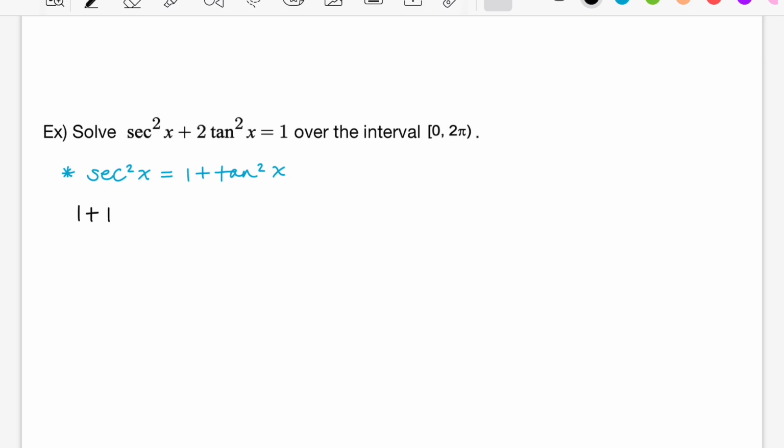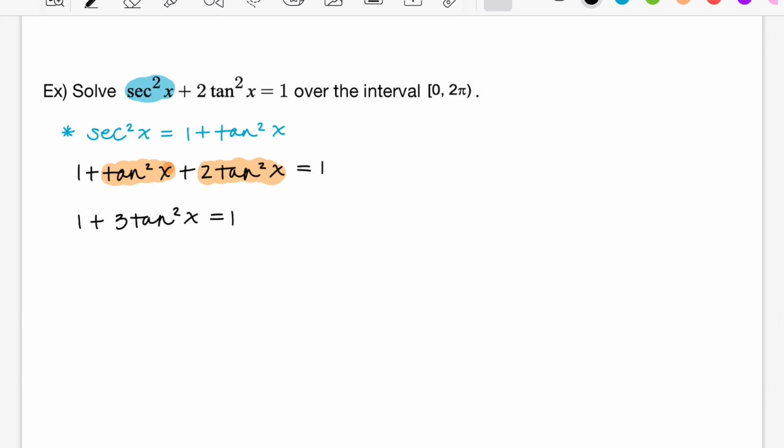So we have 1 plus tangent squared x, just plugging in our identity for this guy, plus 2 tangent squared x is going to be equal to 1. Now we have 1 tangent squared x and we have 2 tangent squared x's, so we can add these together. We'll combine like terms. This will give us 3 tangent squared x.